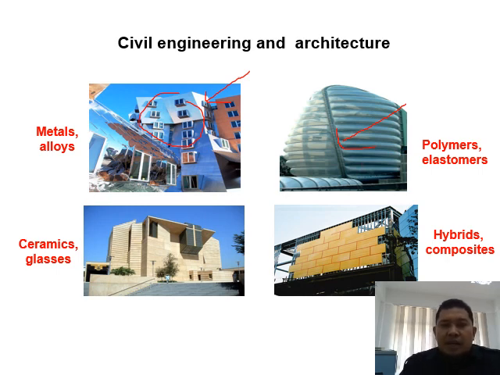Then you have ceramic glass. Ceramic glass you can use almost indefinitely as a building material for a long time, as long as no physical or external force is applied on the structure. In buildings you also mix with concrete, and you also have a steel beam inside it and so on.